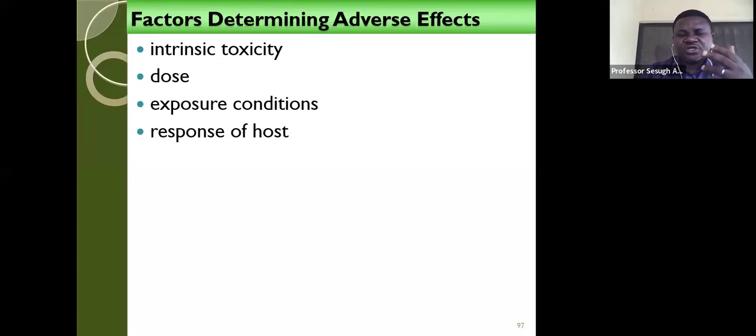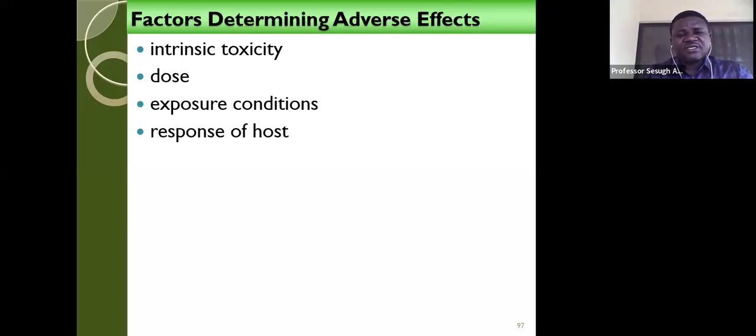If the exposure conditions are favorable or are in such a way that the chemical can triumph or carry out its action, then the effect will be felt. But if the conditions are not, for instance, there are some that would cause more damage at higher temperature, when the temperature of the environment is high. There are some that operate better at low temperature and so on and so forth.